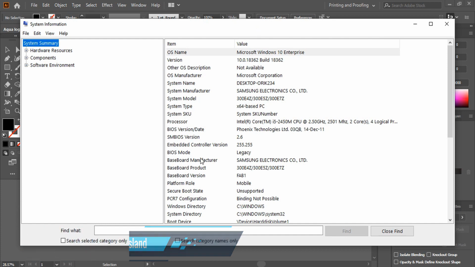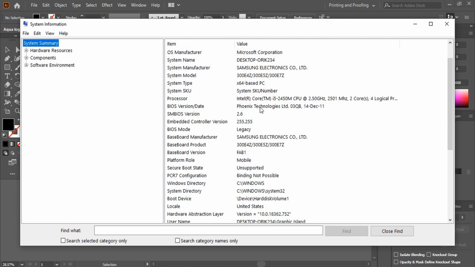This laptop has become very old, but the configuration is still very current. And if you have this much configuration, it is enough to use all the graphic designing software, all the Adobe software as well. So here you can see I'm using Microsoft Windows 10 Enterprise.